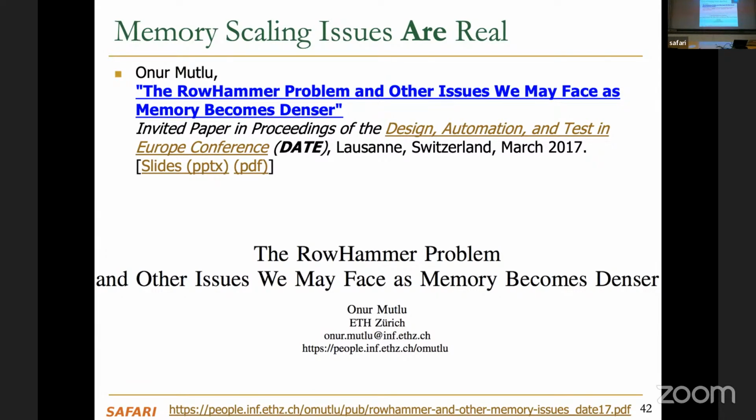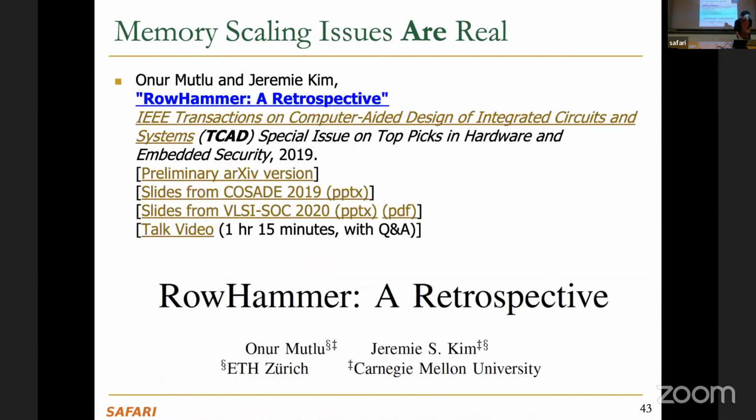If a particular row is accessed very frequently, and this row is opened and closed multiple times in a short period of time, basically between memory refreshes, then there might appear bit flips in adjacent rows. And these bit flips, in the end, are errors that may affect the reliability and the security of a system.